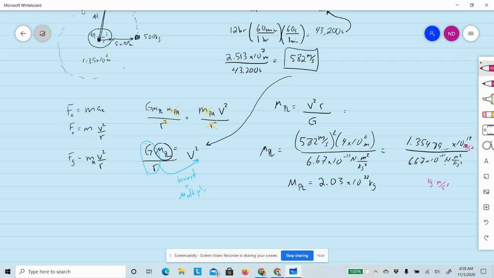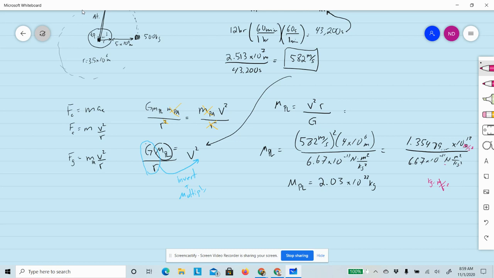Meters per second squared cancels out meters per second squared. Kilogram cancels out one of those kilograms. So we're going to end up with a kilogram and a newton. All the units cancel out.